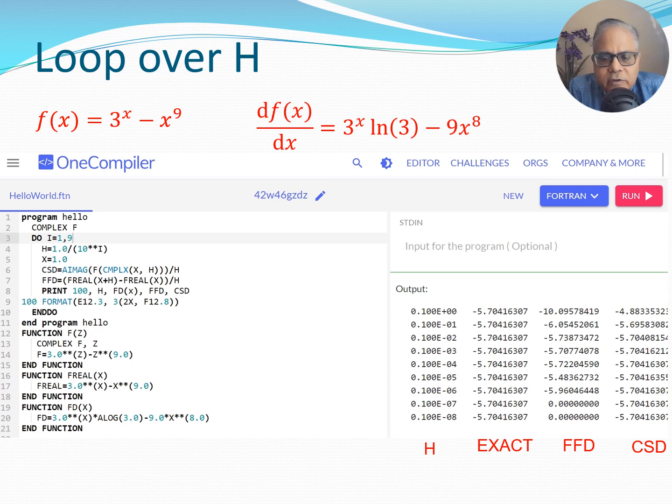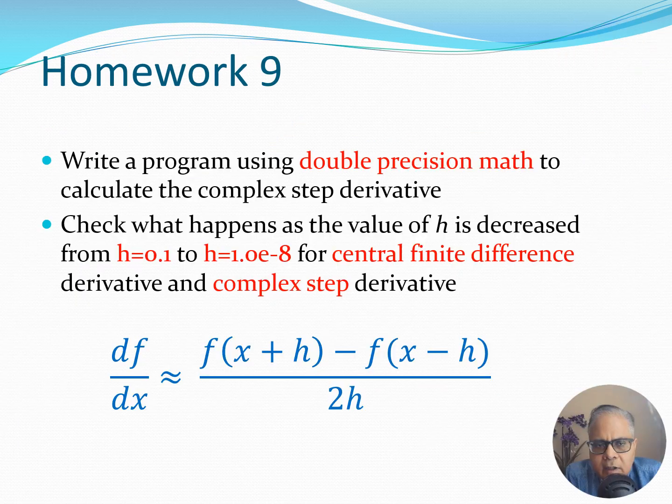So there is of course some complexity in terms of using complex numbers. You may have to make changes in your code if you are using existing code, but certainly if you are beginning something new and want to use numerical computation for derivatives, then the complex step method may be very useful.